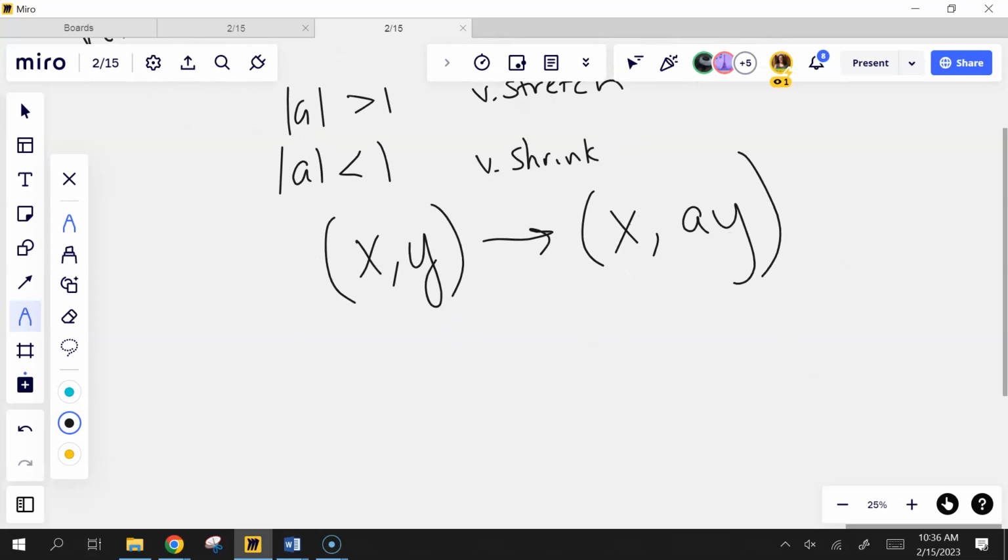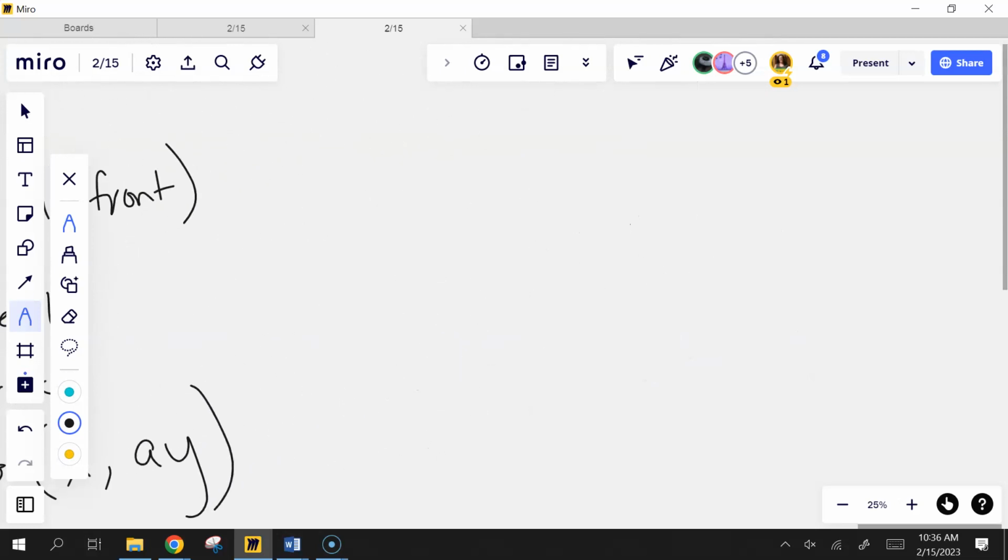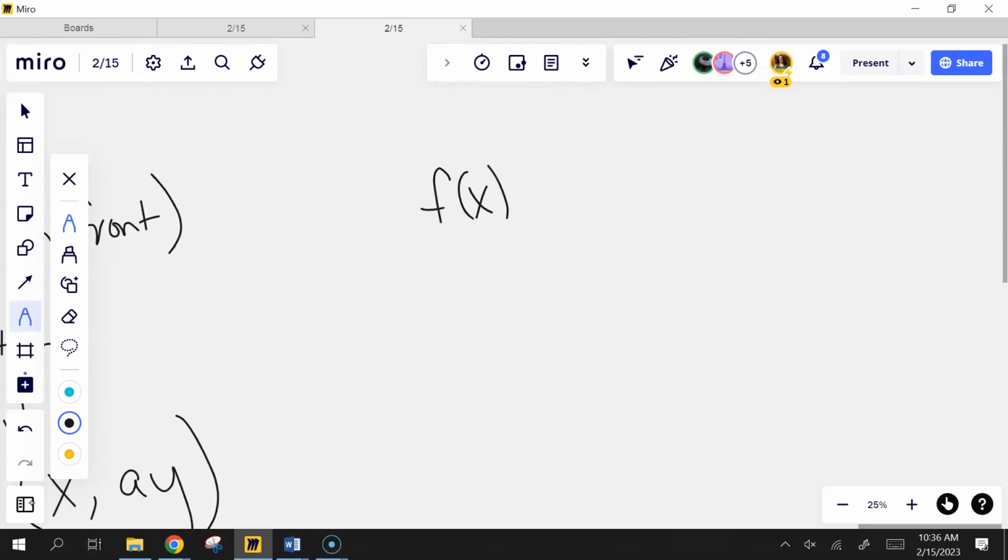All right. Let's say, for example, what is this? Vertical or horizontal? Vertical. A vertical shrink, so it should be wider, right?